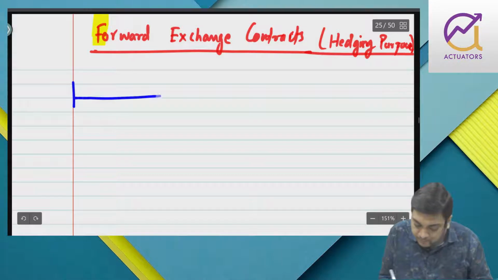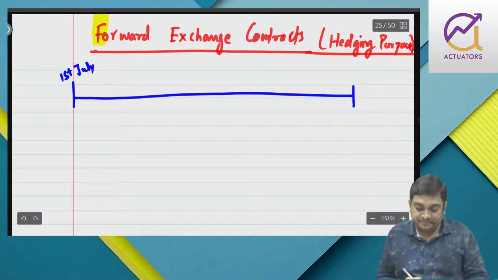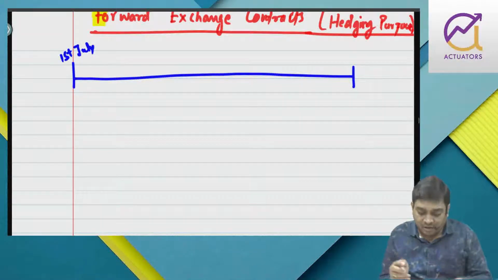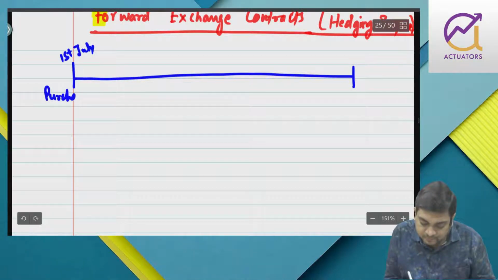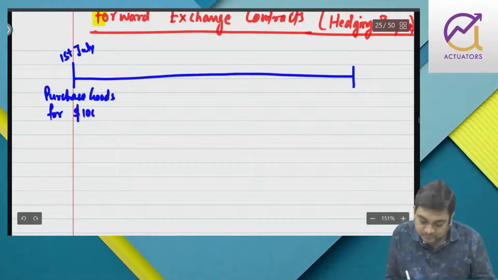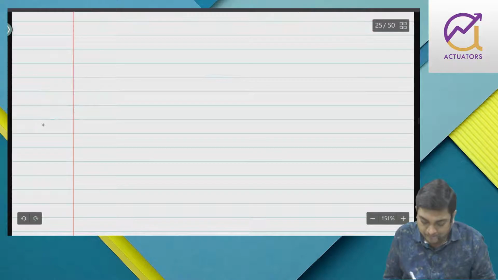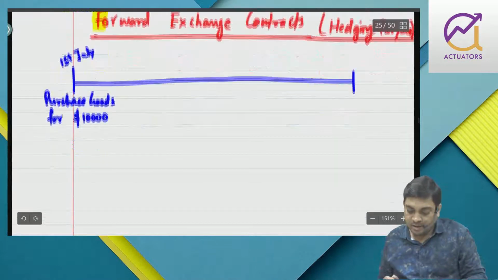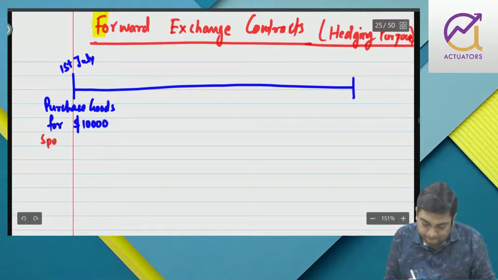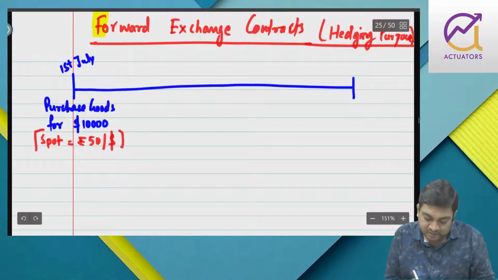Suppose on 1st July, I have purchased goods for $10,000. It means I have purchased from a foreign supplier. Okay. Now the spot rate is say 50 per dollar.